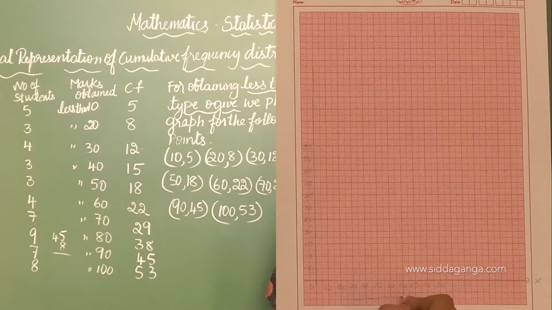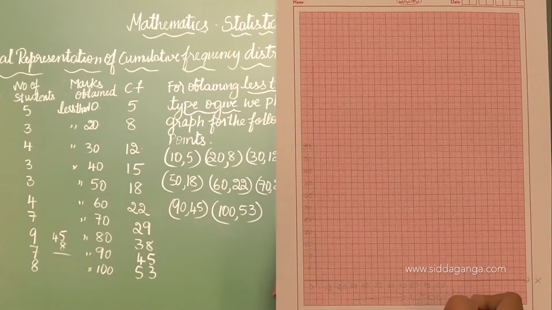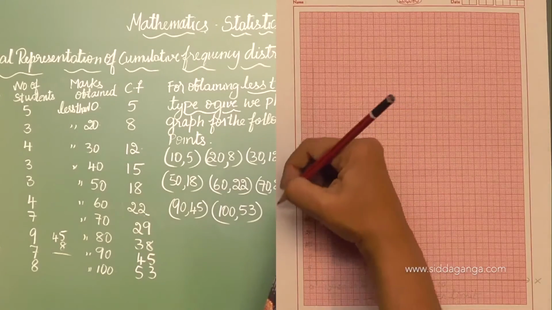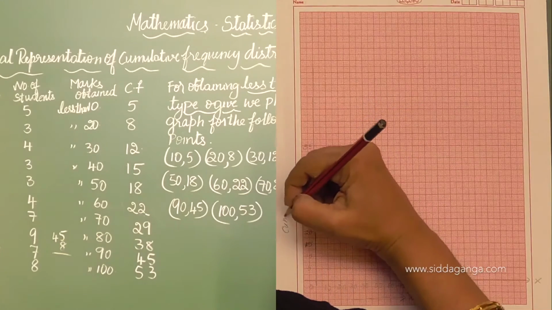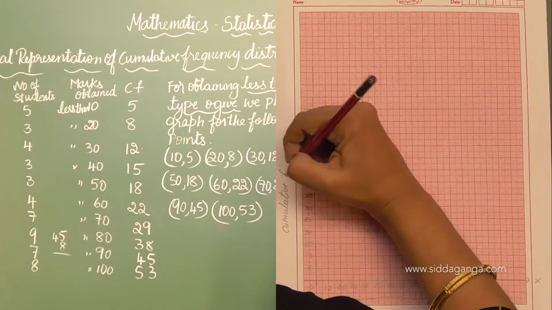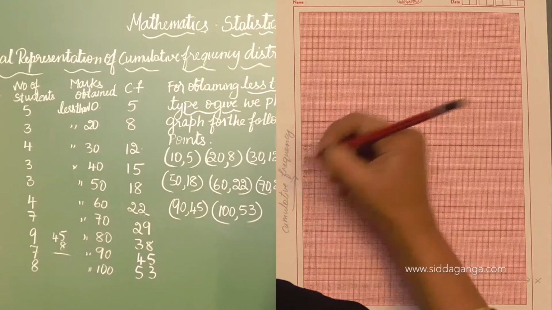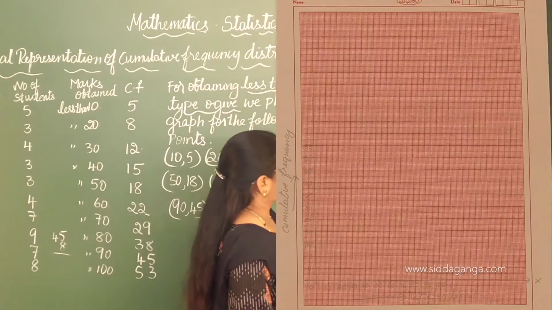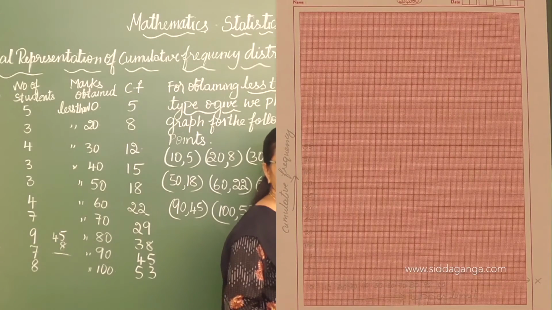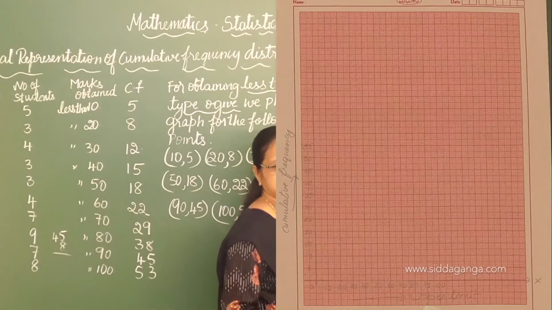Here in the x-axis I have taken the upper limit, and in the y-axis I have taken cumulative frequency. So you should note this: here cumulative frequency and this is upper limit.